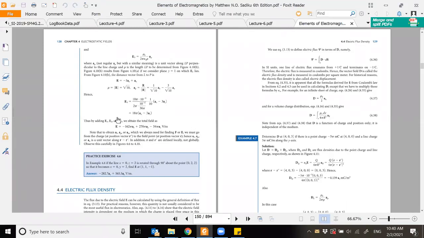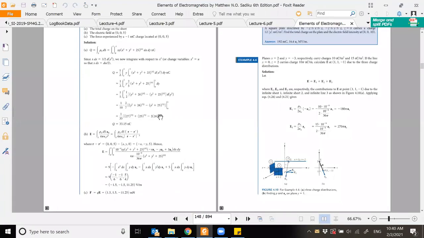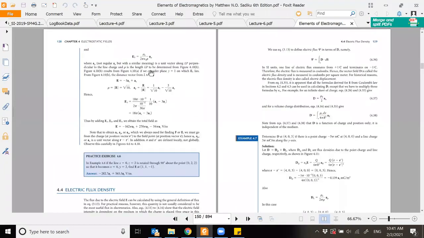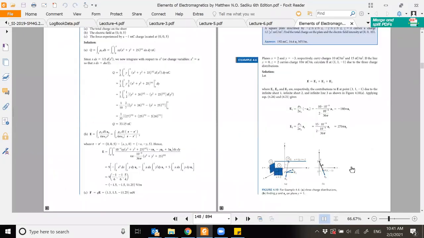This is a very good example, because one of the students asked me how you can apply the line electric field expression that we derived for an infinite line, rho L over 2 pi epsilon rho, for an infinite line of uniform charge density rho L. This is an example where your line is not placed at a typical location like the x-axis, y-axis, or z-axis, or just at some height above them.